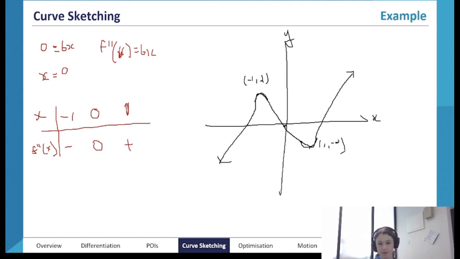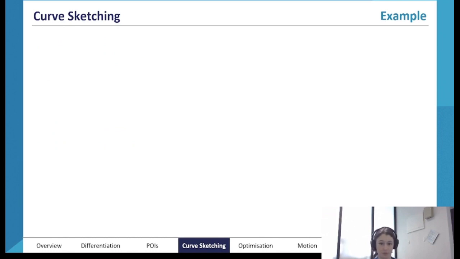So this is how we can use the stationary points and the points of inflection to graph a curve, telling us information about the nature of the stationary points and about the concavity of the curve. The one more thing that you need to do is probably find the intercepts, which you should know how to do. But other than that, that is basically the basics of curve sketching for polynomials.